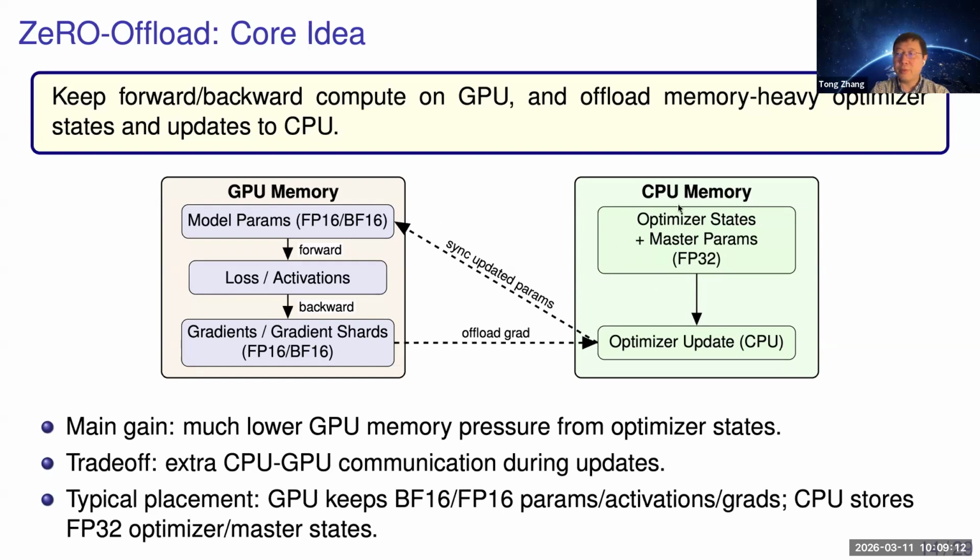You are doing the updates here on the CPU, so you can afford 32 bits. Everything is in 32 bits here. It's just addition, and then you make it high precision and turn that into the GPU version. So master parameter means you have a higher precision parameter on your CPU, in addition to your optimizer state. Everything is 32 bits.